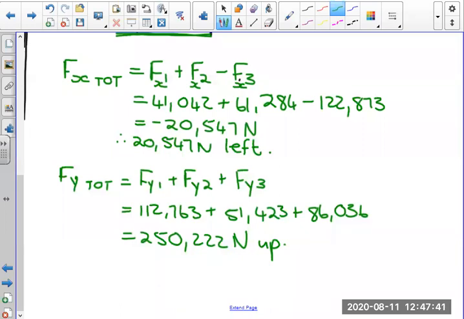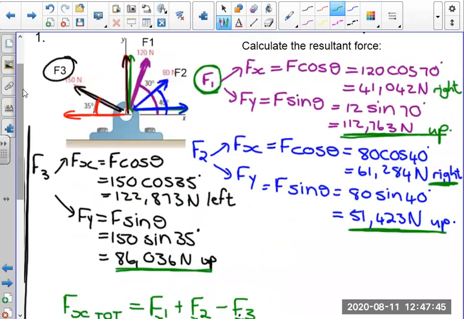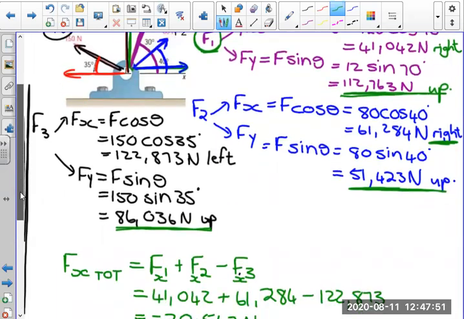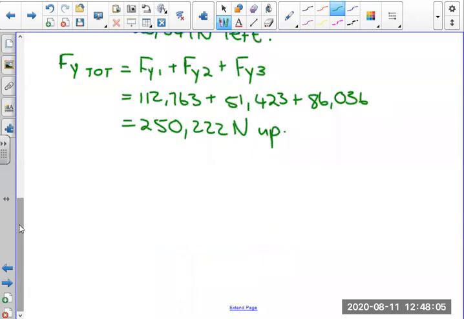Okay, so step one, what was step one? To work out all the x and y components of each force that I have on my sketch. Step two is to add all the x's and to add all the y's, looking at the direction in which each one is. Step three: it is easier to draw the vector diagram.